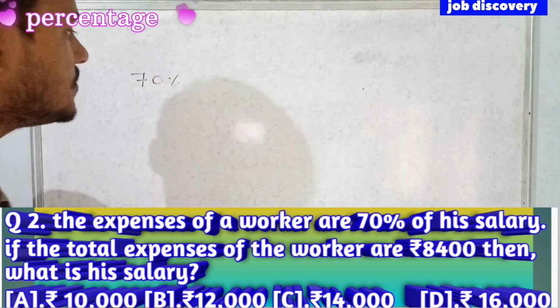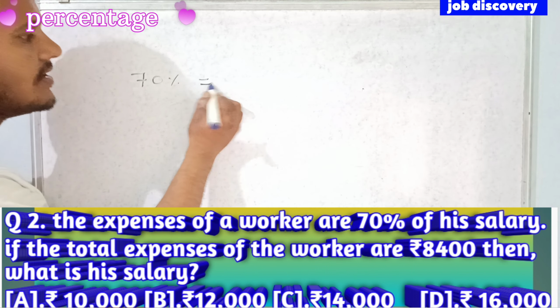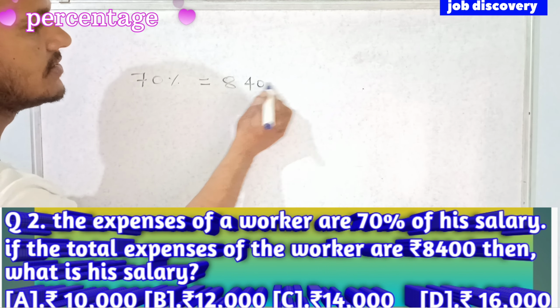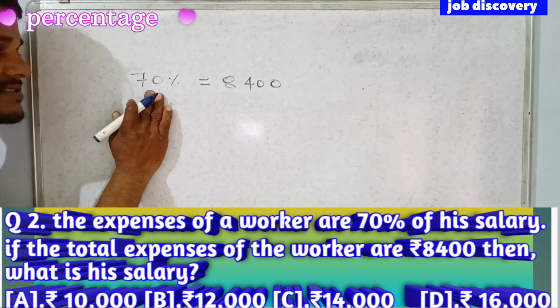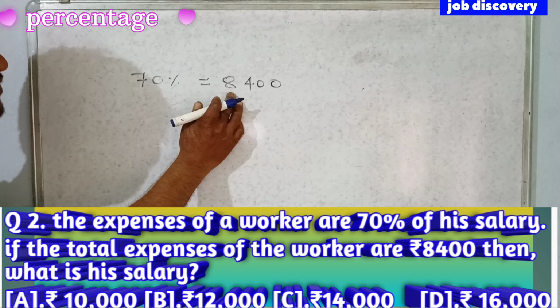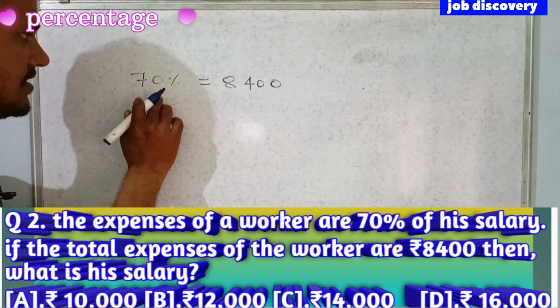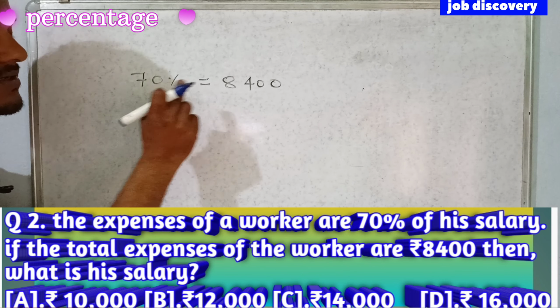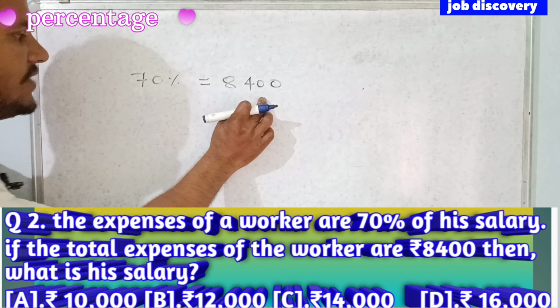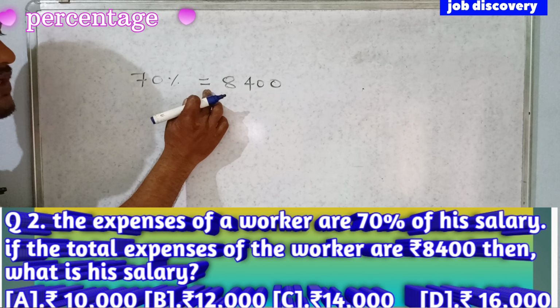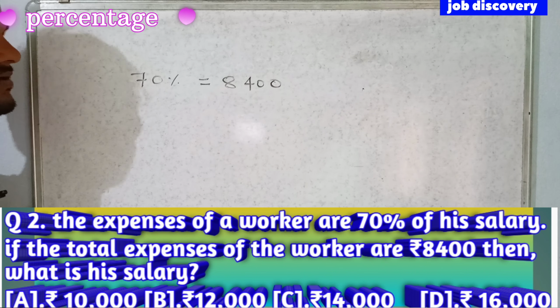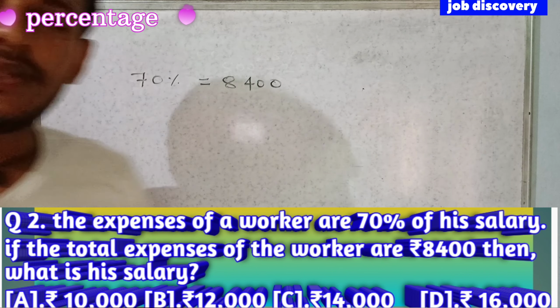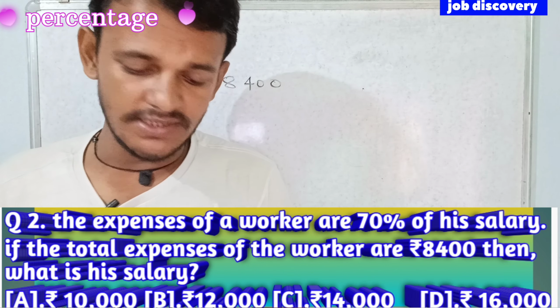But in the real value his expenses is 8,400, means 70% is equal to 8,400. Both are expenses. This is in percent but this is in real value. So we can say 70% is equal to 8,400. Our target is to find his salary, means what is 100%.